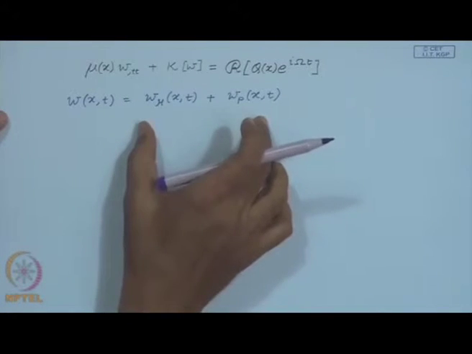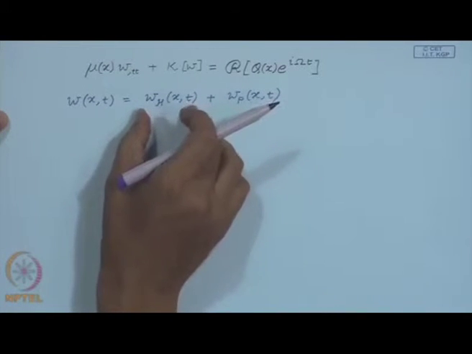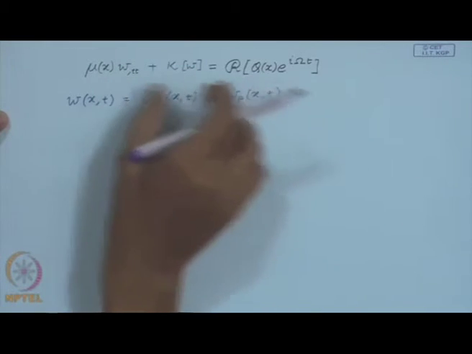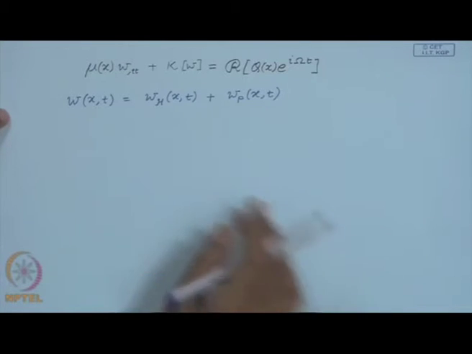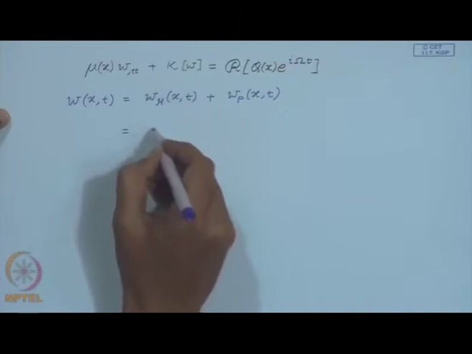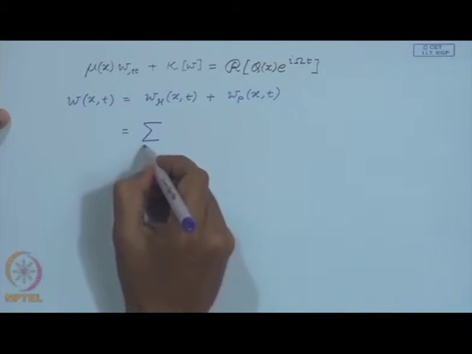So, this kind of a solution satisfies this differential equation, since the homogeneous solution will actually go to 0 once you substitute here, and the particular solution will satisfy or equate the right hand side.